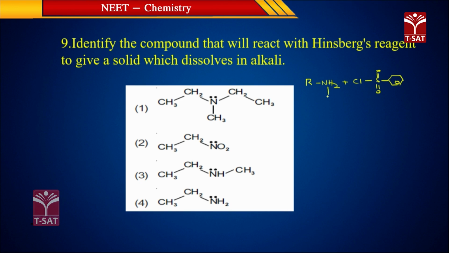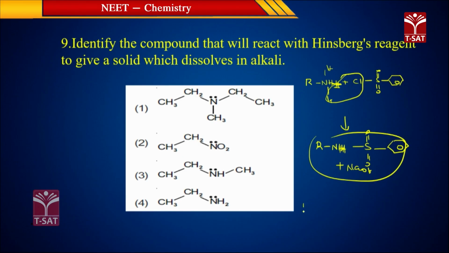Here it will be H and H, NH2, right? So, it will react with it and forms RNH S double bond O, benzene, and because of this H, it reacts with NaOH base, primary.